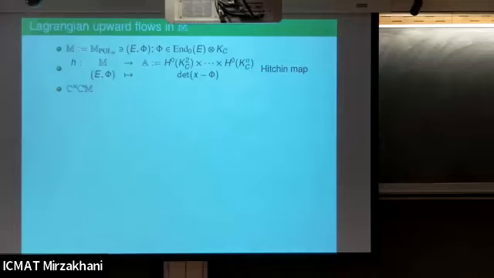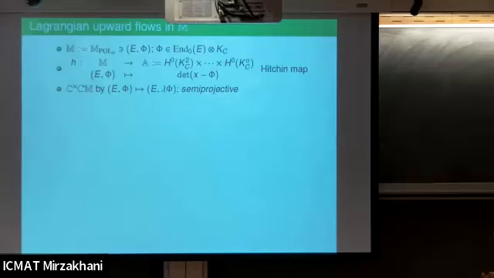And there is one more structure which we use all the time, a C-star action on the moduli space of Higgs bundles, which is easy to define. It just acts by scaling the Higgs field. But this action has very nice properties.